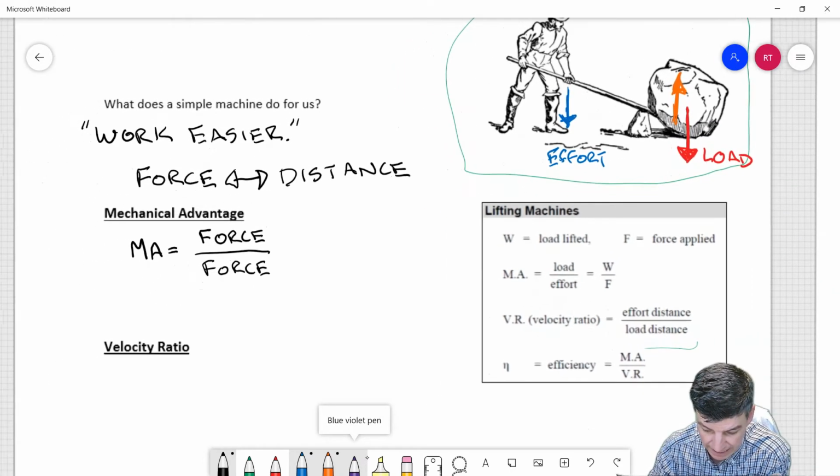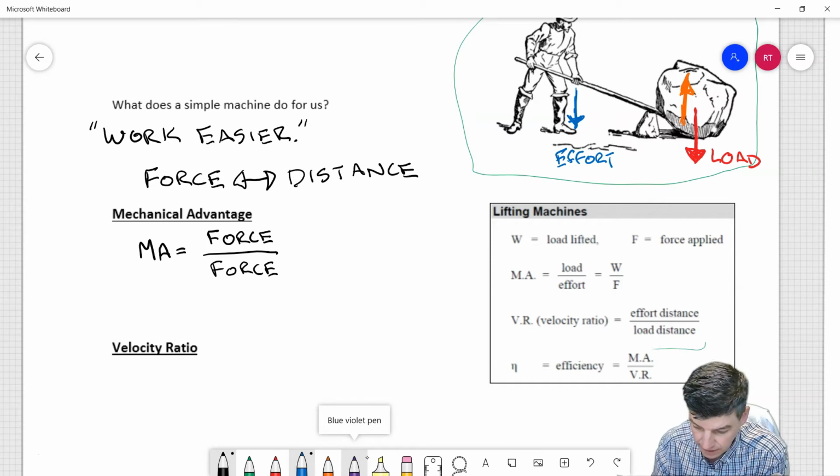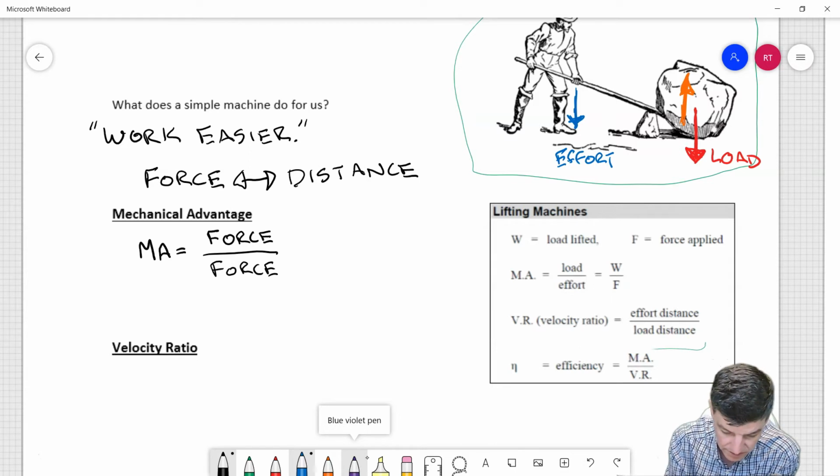When we talk about mechanical advantage, we have a ratio of forces. Mechanical advantage is always going to be larger than 1. What that means is that I need to have my larger force on the top. If I look at my man trying to use that lever, the larger force is going to be the force of the load.